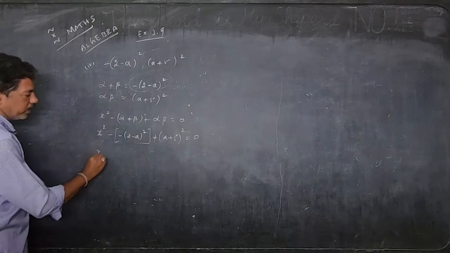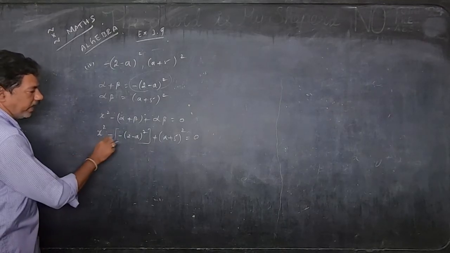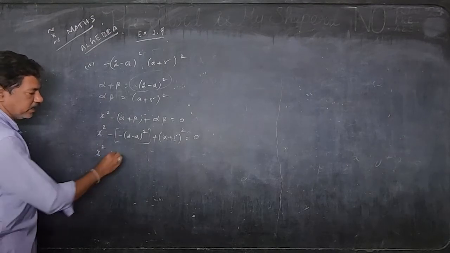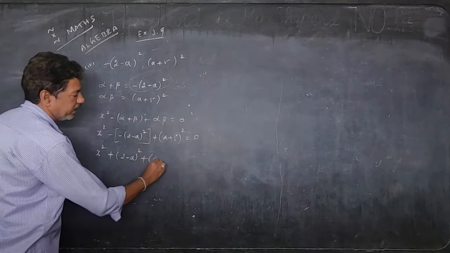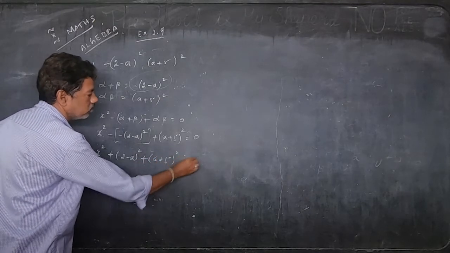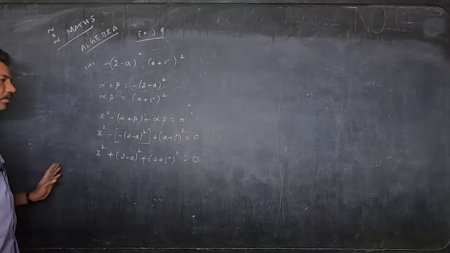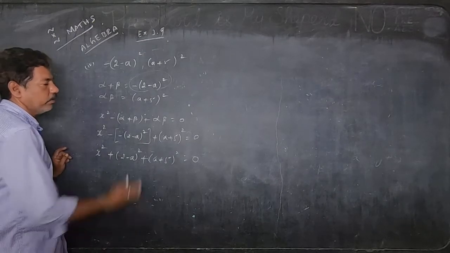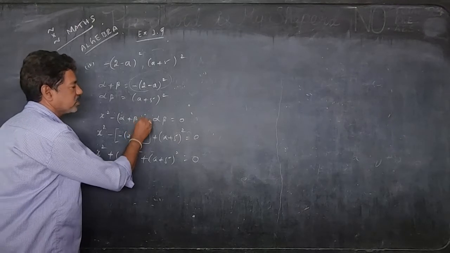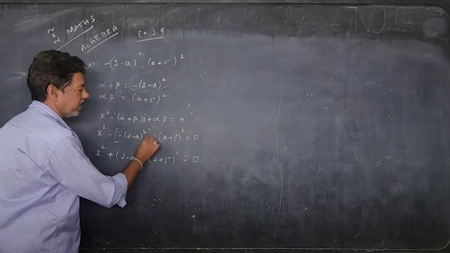Okay, so x square minus into minus plus, then 2 minus a whole square plus a plus 5 whole square equal to 0. Wait, we have missed one term. Okay, what is the term we have missed? In the formula, x. Here there is x.